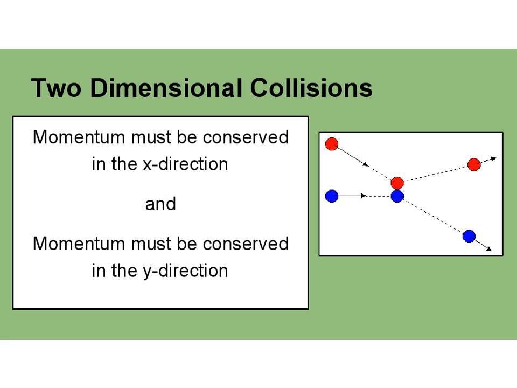So where I have these two balls, the red ball comes down at an angle like that. You can see that that downward motion of the red ball means that I have momentum in the y direction. And I've got to have conservation of momentum up and down. I've also got to have conservation of momentum left and right.